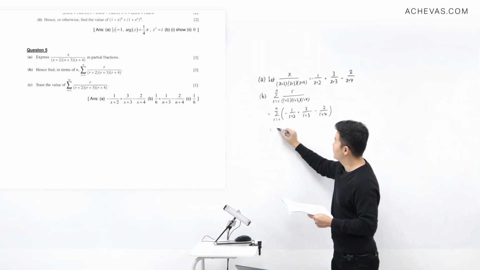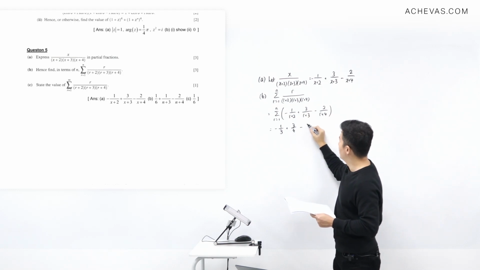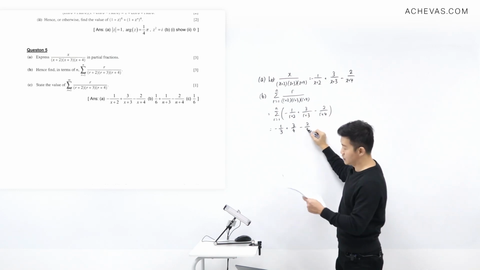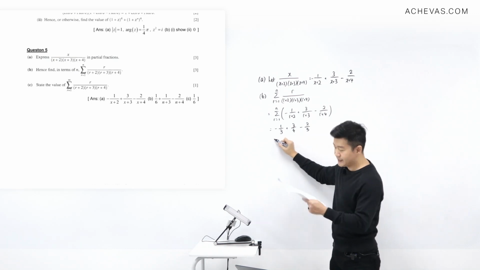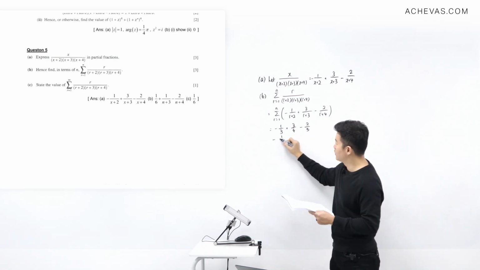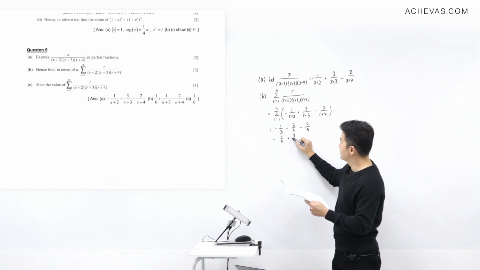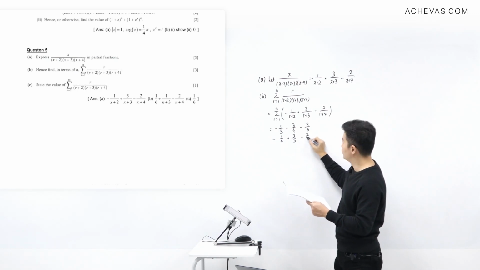So when r is equal to 1, we have minus 1 over 1 plus 2, this is 3, plus 3 over 4, minus 2 over 5. When r is equal to 2, we have minus 1 over 4, plus 3 over 5, minus 2 over 6.